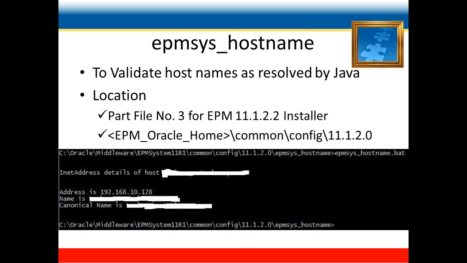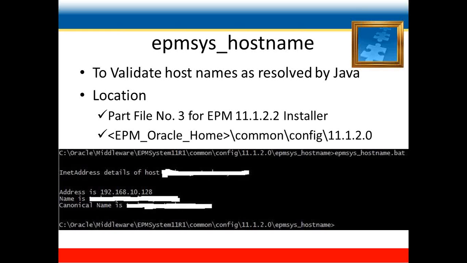Then if you have installed version 11.1.2.2, you can also locate this utility under EPM Oracle Home, under the common directory, then go to config and then to the 11.1.2.0 directory. You can find this utility there too.